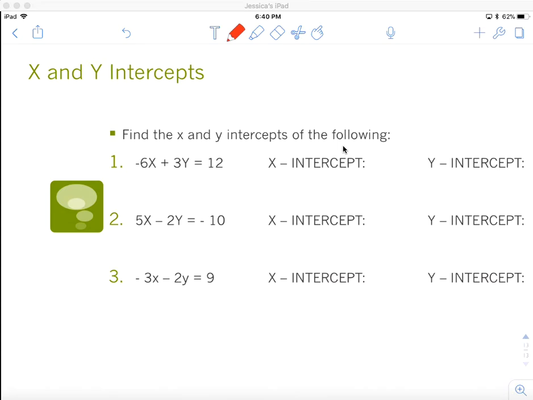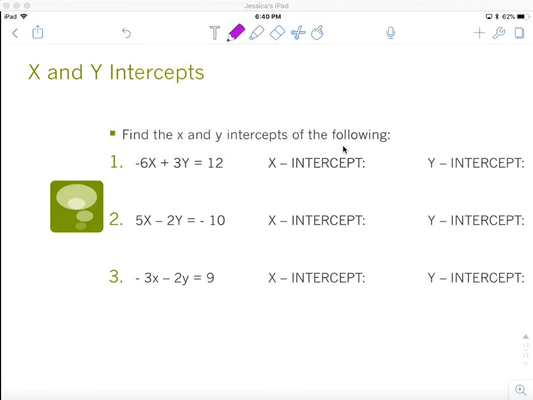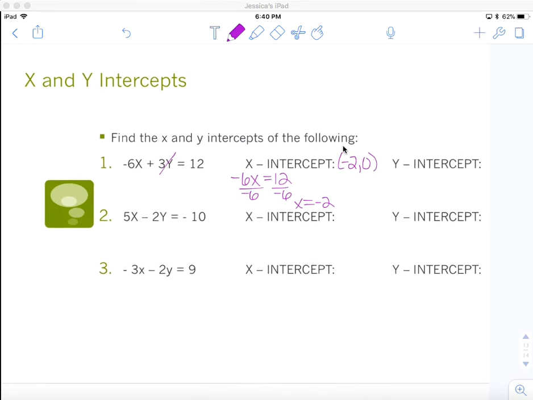Okay, for number 1, to find my x-intercept, I'm plugging in 0 for y. Basically, the 3y cancels out. If negative 6x equals 12, then when I divide by negative 6, x is negative 2, meaning that my x-intercept is negative 2, 0.